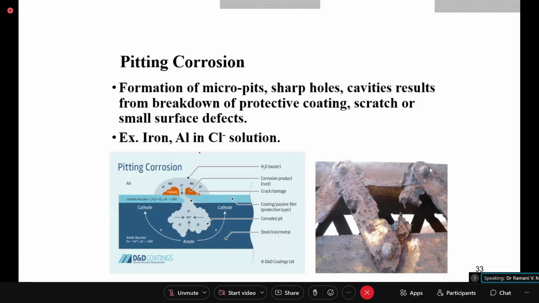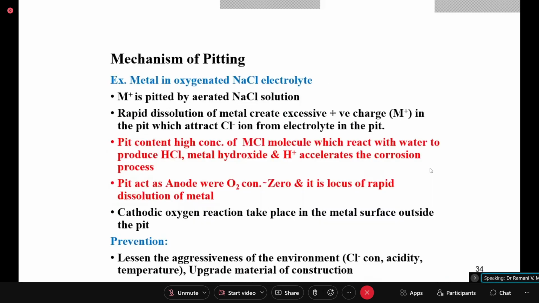For example, iron aluminum in chloride solution will undergo rapid pitting corrosion. So the mechanism of pitting is metal in oxygenated NaCl electrolyte will undergo very rapid pitting corrosion. Okay, so M plus is pitted by aerated NaCl solution.